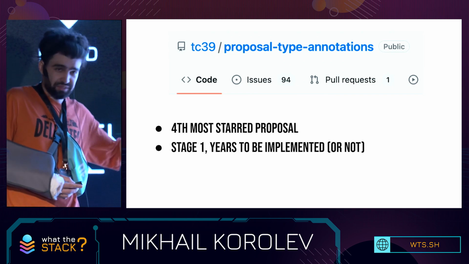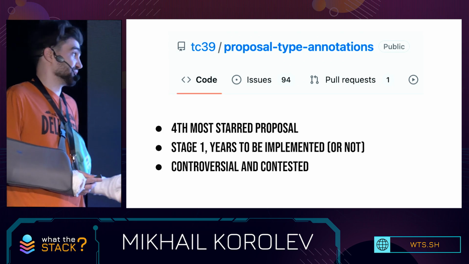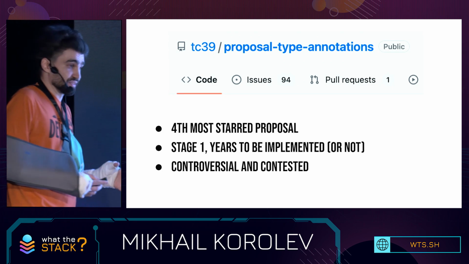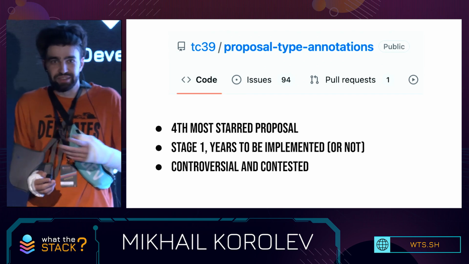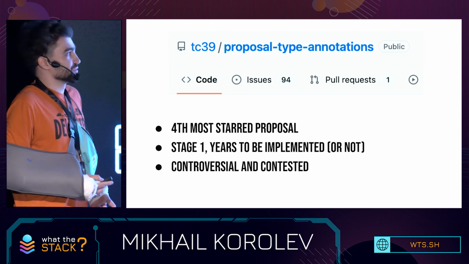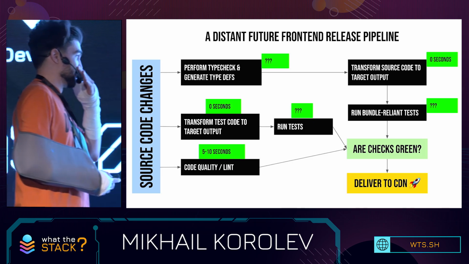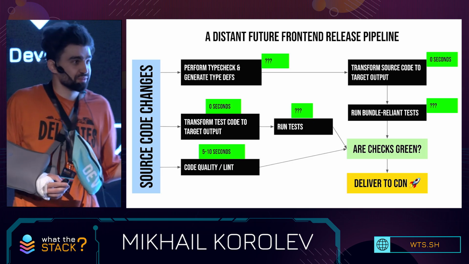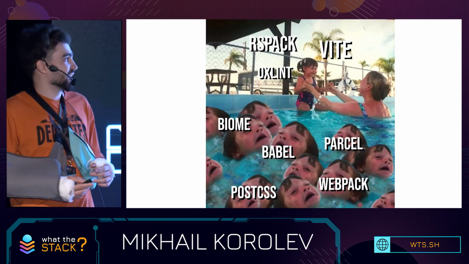It is stage one, it's years from being implemented, or maybe it will be rejected. It is really controversial and contested, because when you get a lot of smart people in TC39, they can never agree on anything. So this is pure fantasy, but who knows what's going to happen? Maybe this is the future of our pipeline. There will be no build. There will be instant linting. It will be incredible. Everyone will be happy.